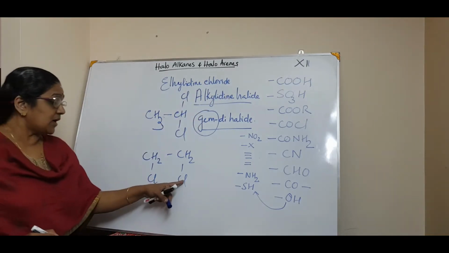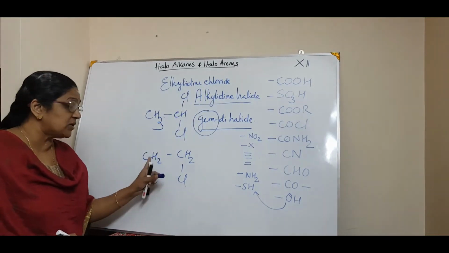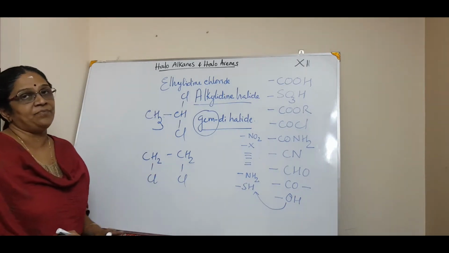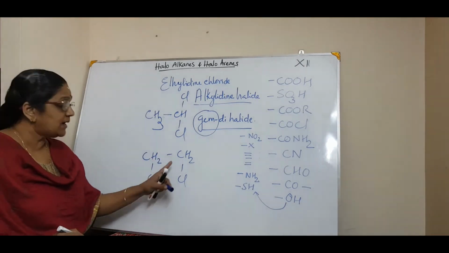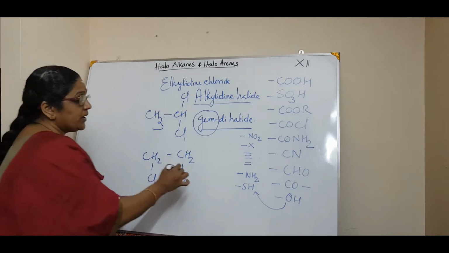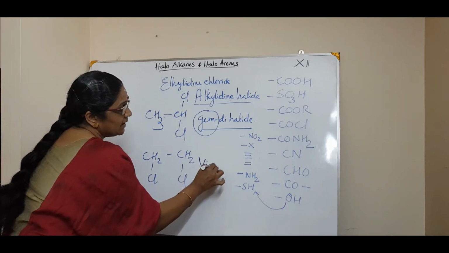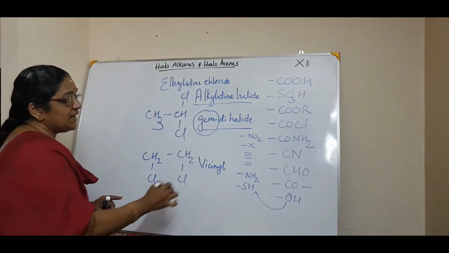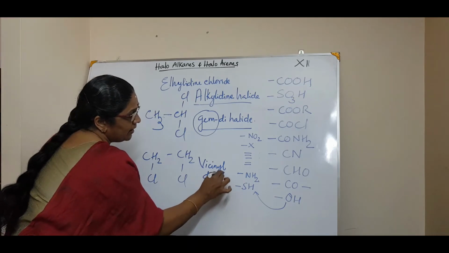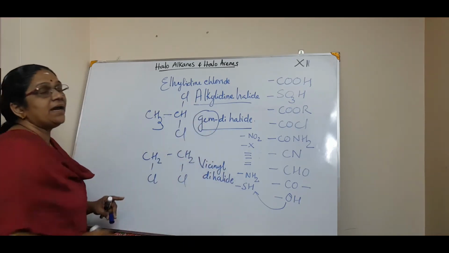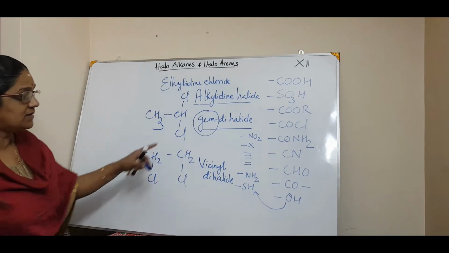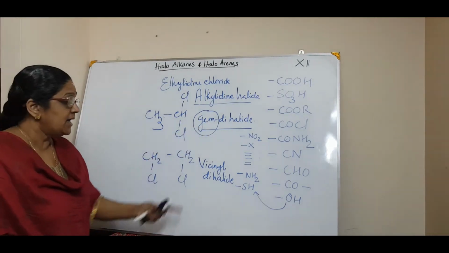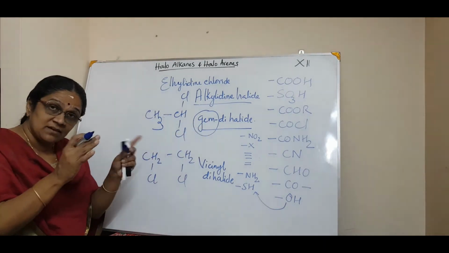Now, if the halogen atoms are not on the same carbon atom but on the adjacent carbon atom, you can call it vicinal dihalide. The other one is gem dihalide, or geminal dihalide. Vicinal means adjacent.